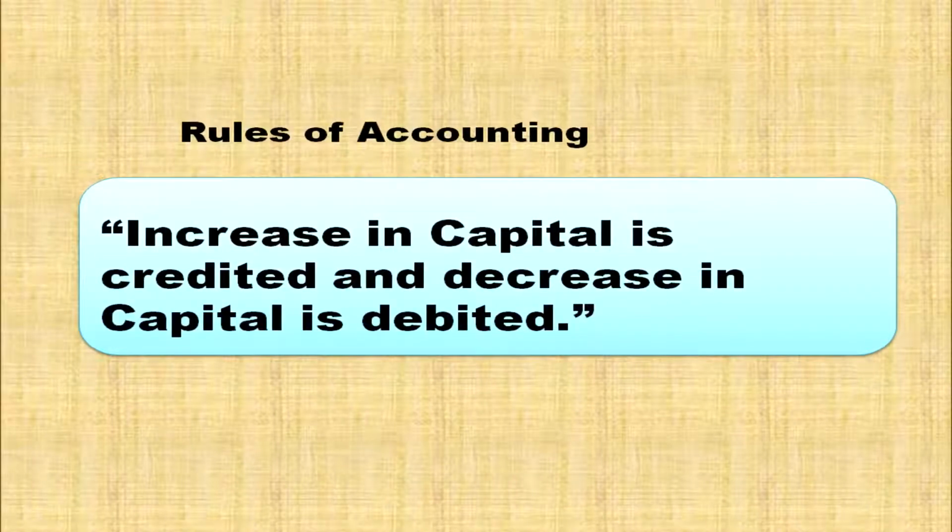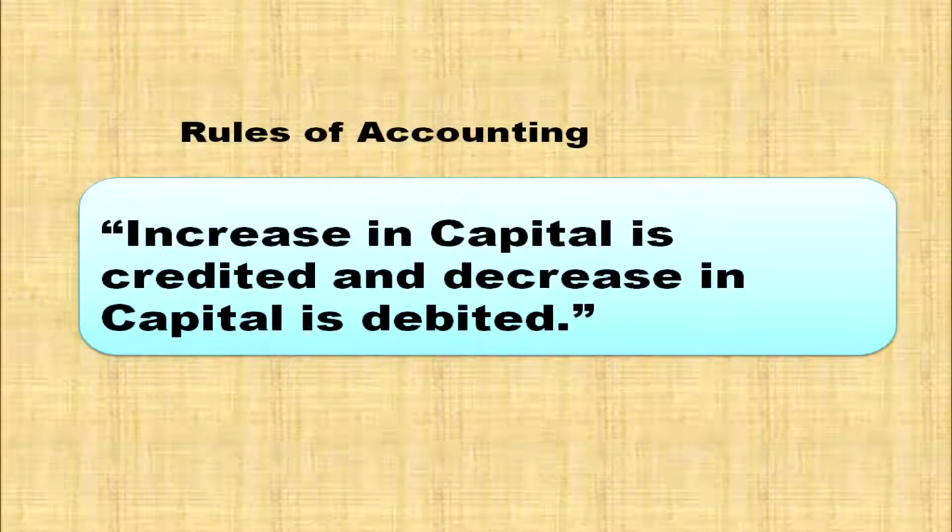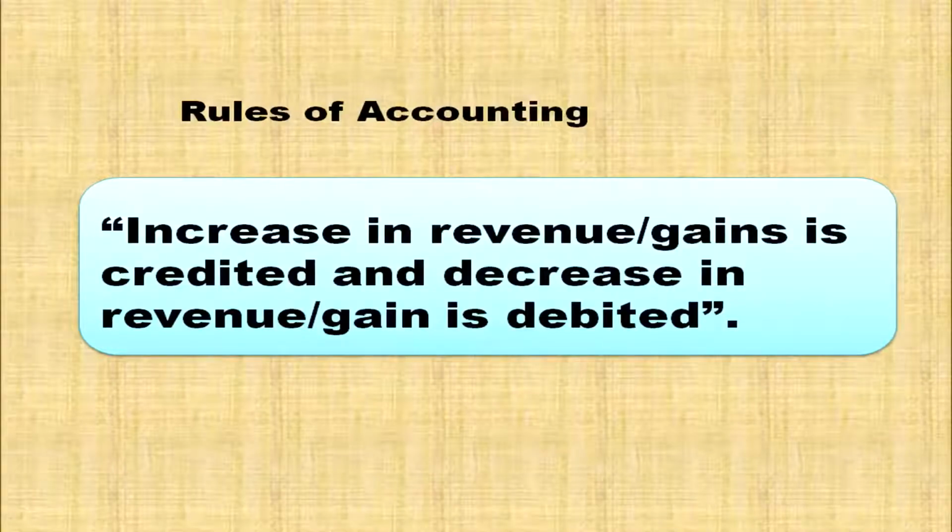Increase in capital is credited. Decrease in capital is debited. Increase in revenue is credited. Decrease in revenue is debited. Either revenue or gains, when increased, it is credited. Either gain or revenue, when decreased, it is debited.